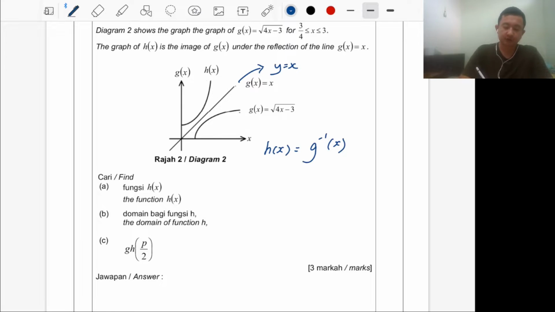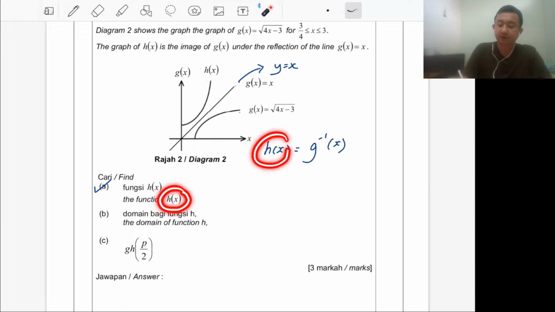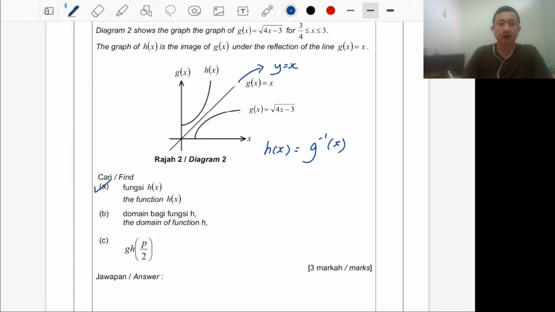Okay, the first question, find the function h(x). In order to find the function h(x), you are just finding the inverse function of g(x). So let's find the inverse function for g(x). Three steps, right? First, we change g(x) to be y, any function to be y.